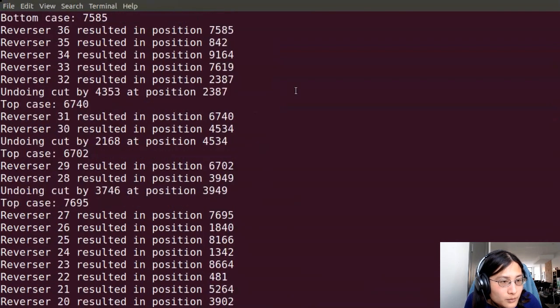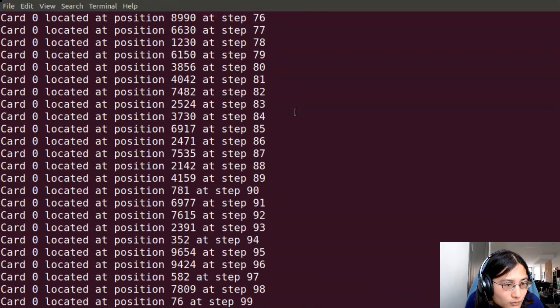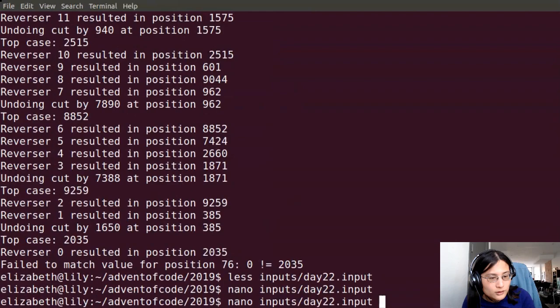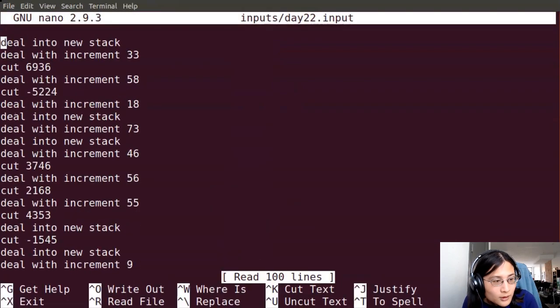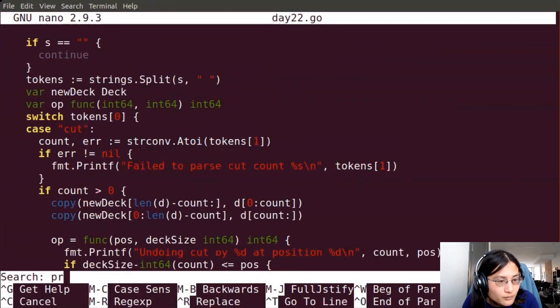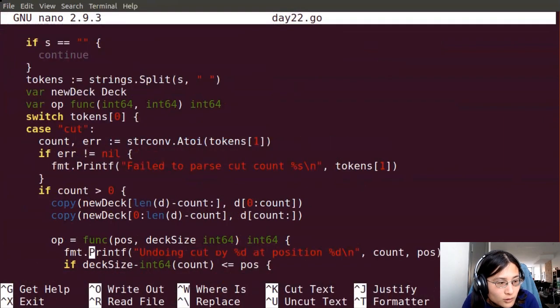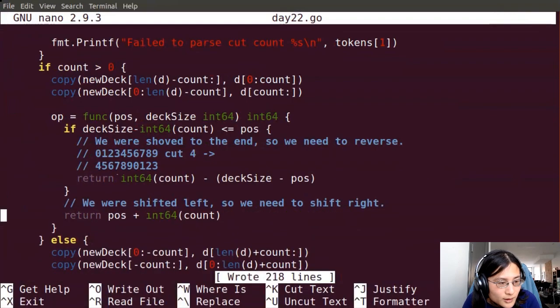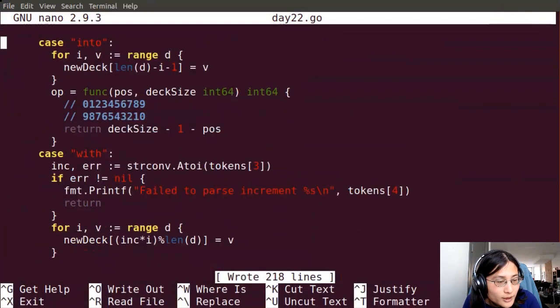That's wrong. Yep, it's my deal into new stack. That's wrong. Okay, so let's figure out what's wrong with that now. Wow, so that is correct as I suspected.